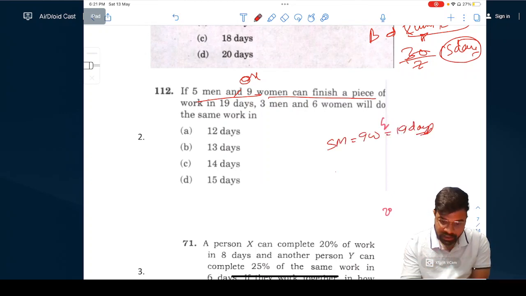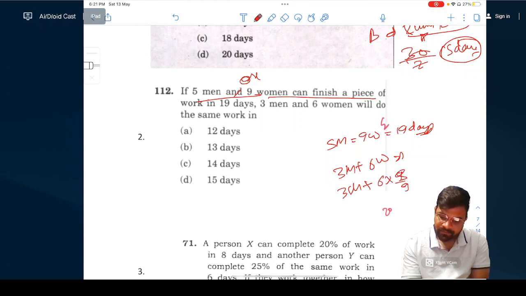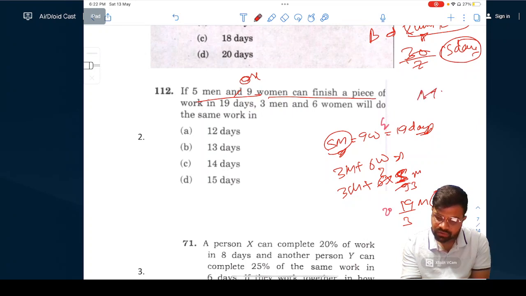Now 3m plus 6w was asked, so it will become 3m plus 6 into 5 by 9m, that is 3 plus 10 by 3, that means 19 by 3 m is required. So 19 days for 5m, so m is equal to 19 by 5.